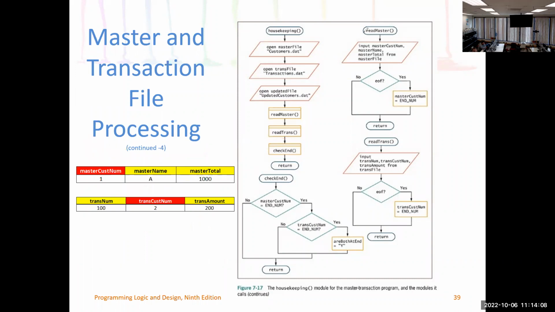So remember that every time you read, you have to compare them together, right? If the customer number in the master file is less than, you write exactly the same into the file, and you move to the next customer here.